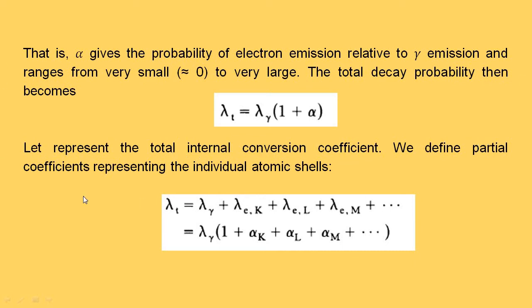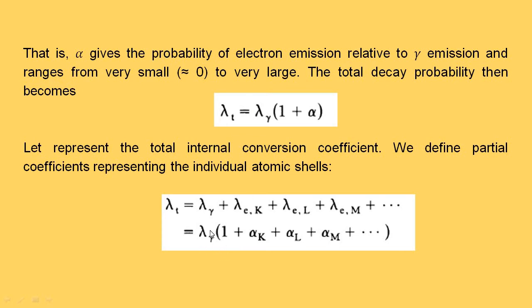We define partial coefficients representing the individual atomic shells. Lambda t is lambda gamma plus lambda e, and it is lambda e of k, lambda e of l, lambda e of m, etc. Also, lambda e of k by lambda gamma you can write as alpha k.